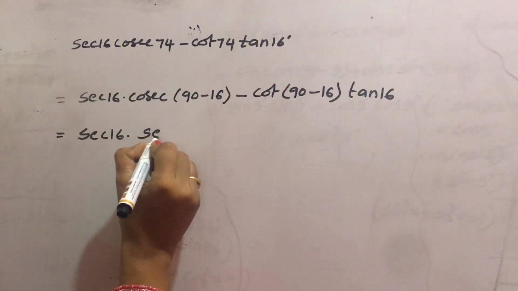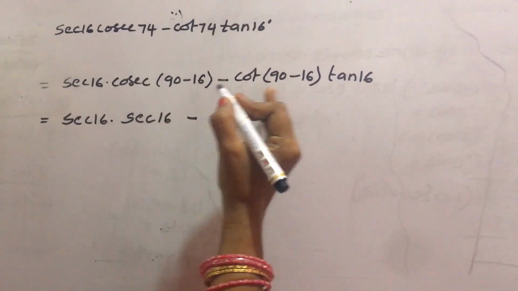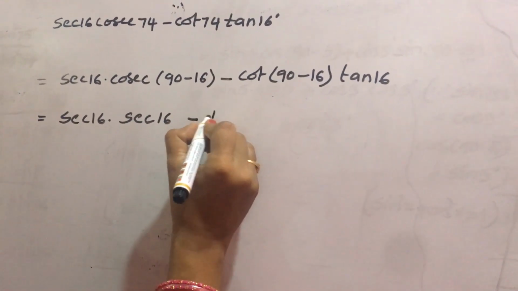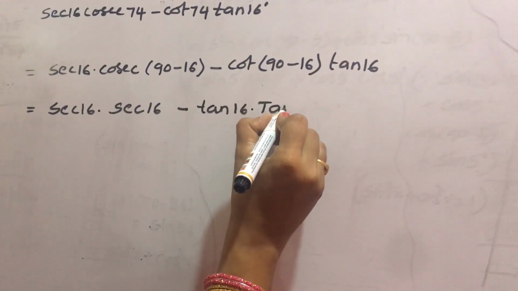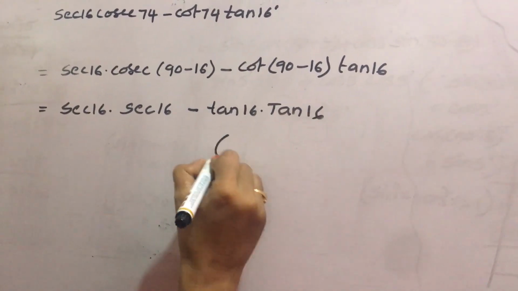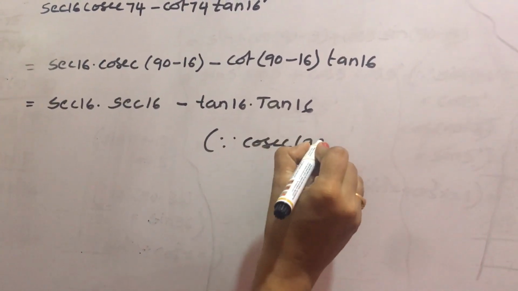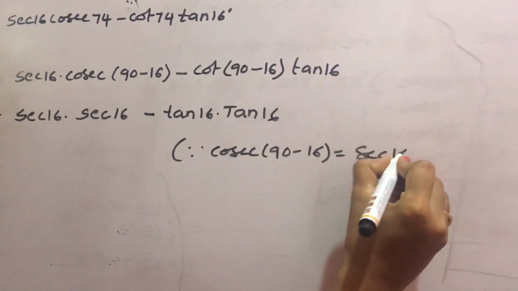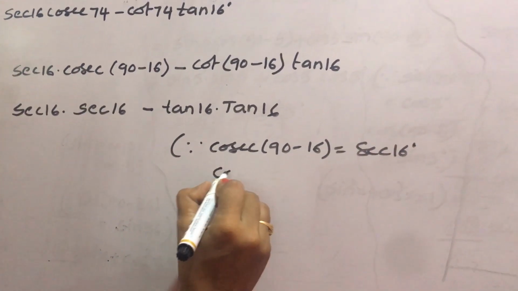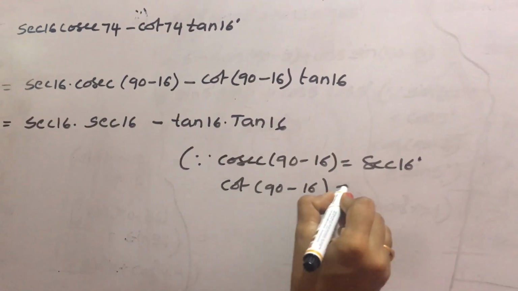We know sec theta. We can write sec 16 degrees minus, what is cot (90 minus 16)? Tan 16. Tan 16 into tan 16. Since we know cosec (90 minus 16) is equal to sec 16 and cot (90 minus 16) is equal to tan 16.